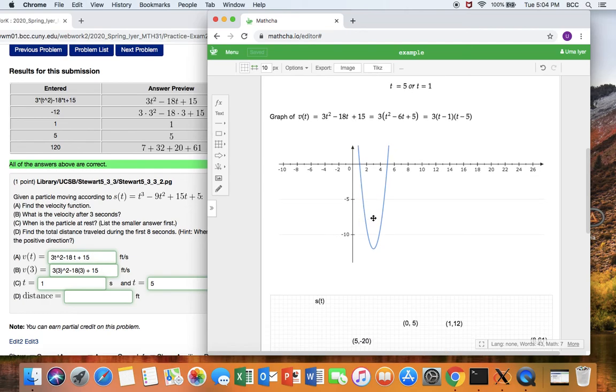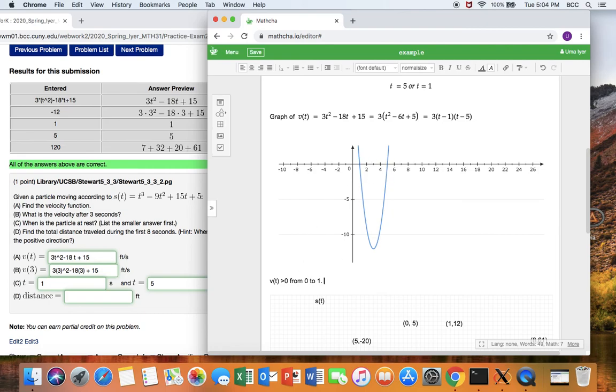Now, what's the purpose of all this? Notice, from 0 to 1, velocity is above the t-axis. So v of t is greater than 0 from 0 to 1.